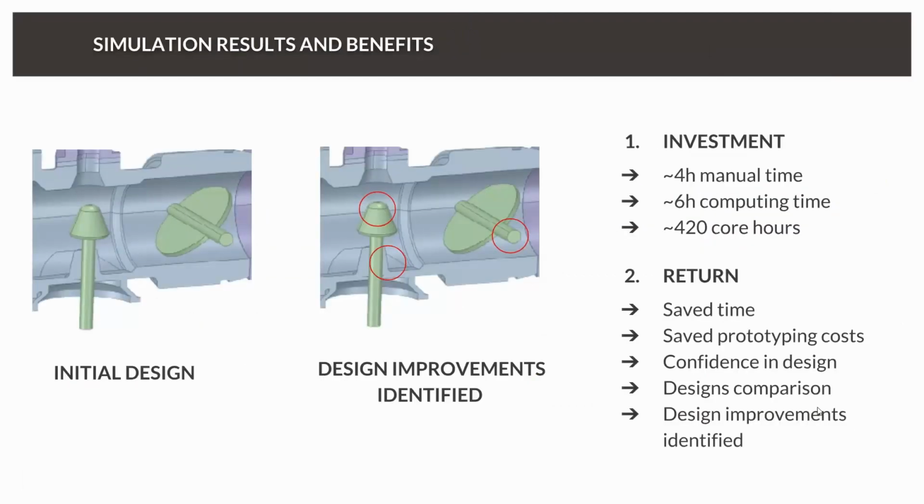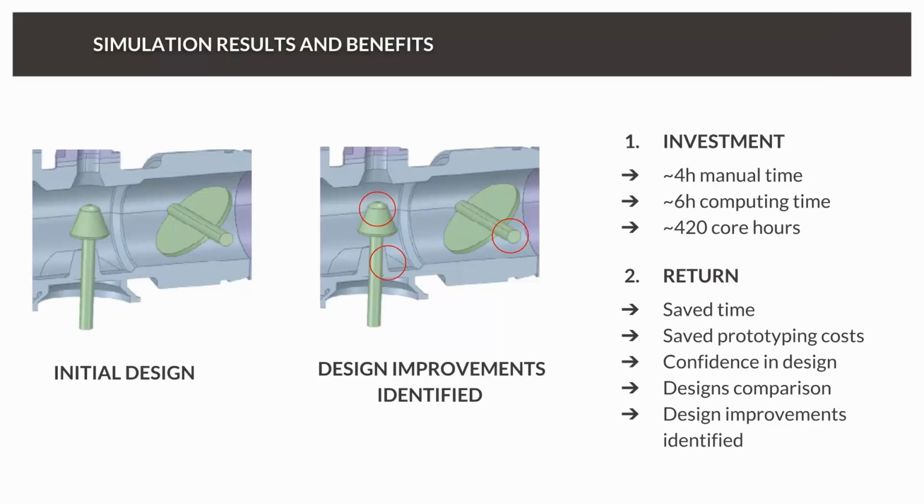At the end of the day, our application engineers invested 4 hours of manual time to prepare the CAD model, to upload the simulations, to mesh everything and run the simulations. We took an additional 6 hours for computing time, and since we used more than one core, in the end there were 420 core hours used.